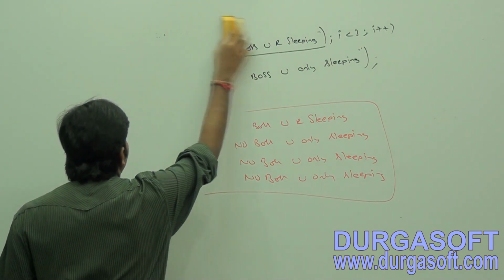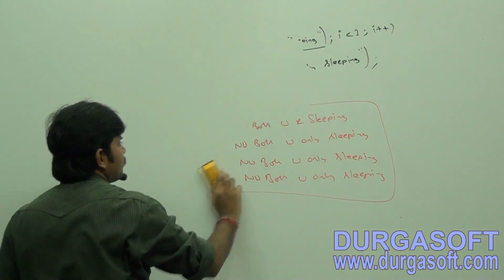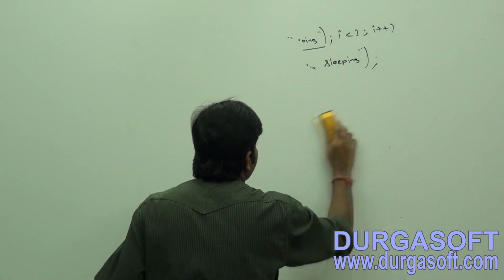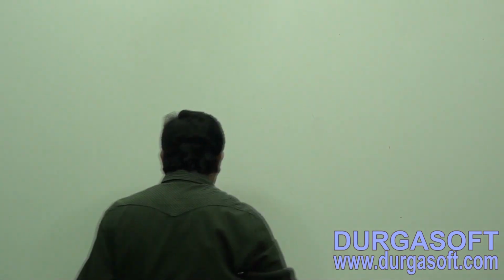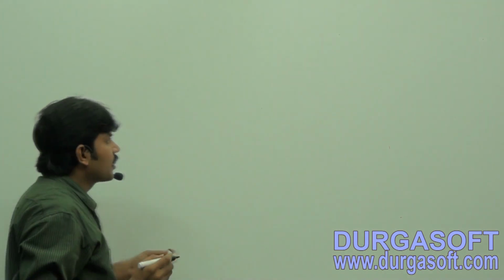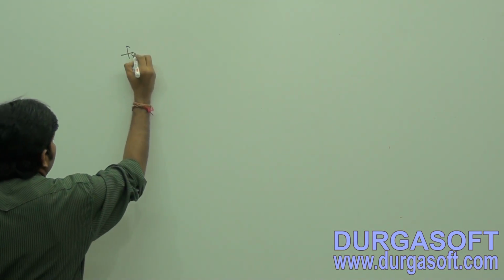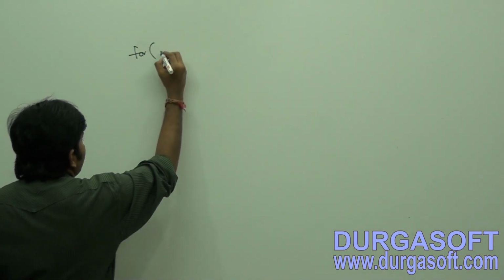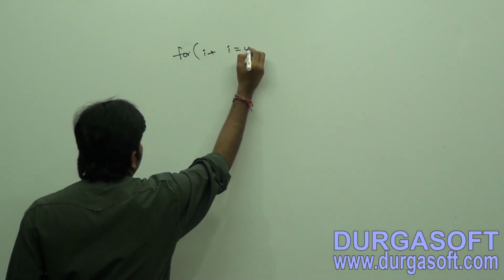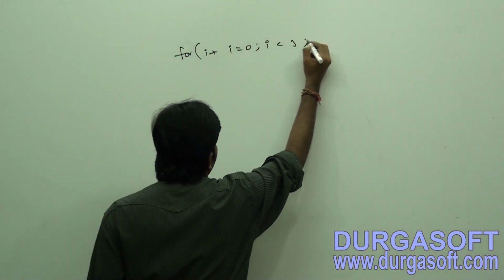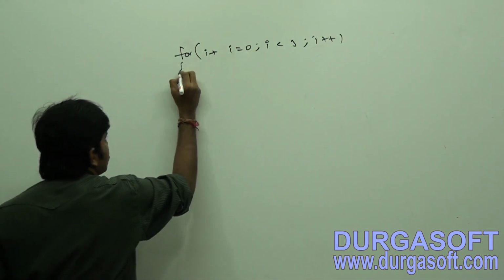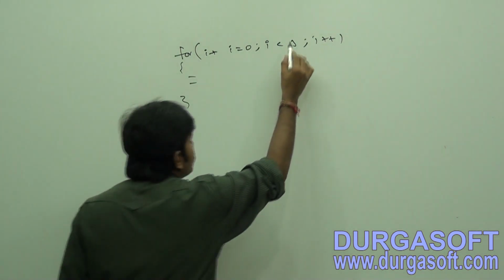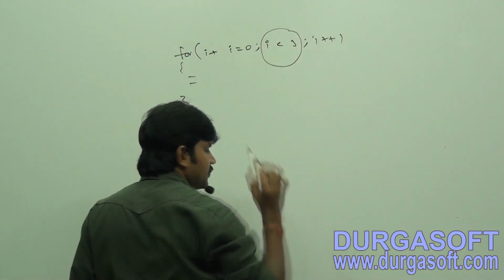Now this is the initialization section. Now the second one: the conditional check. Here, for int i = 0; i < 3; i++, observe, this is the conditional check.